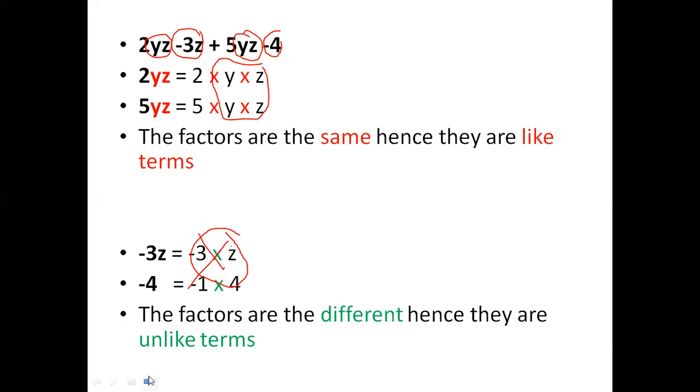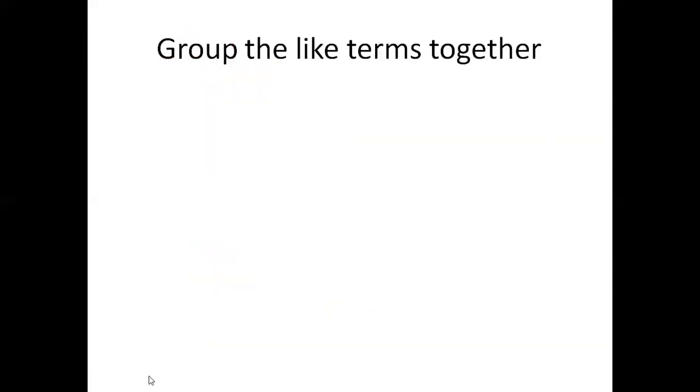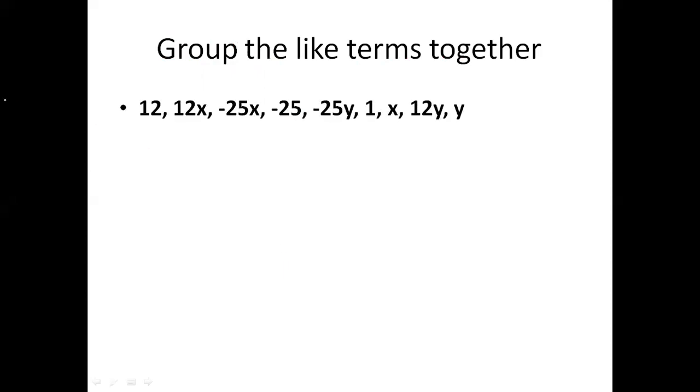We'll take some problems where we need to classify the given terms as like or unlike. So the question is, group the like terms together. We'll be given many terms. We have 12, 12x, minus 12x, minus 25, minus 25y, 1, x, 12y and y.